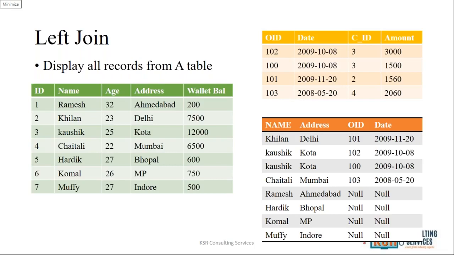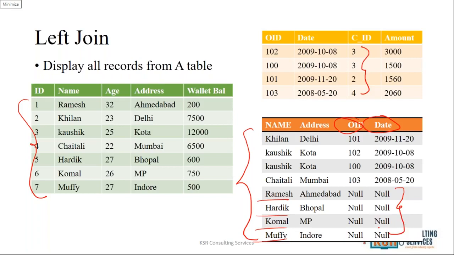But if you see here, all the customer information is present here. Ramesh, Hardik, Komal, Muffy, everyone from this table is present. But whoever has purchased, only those will have order ID and order date. Rest everything will be null.